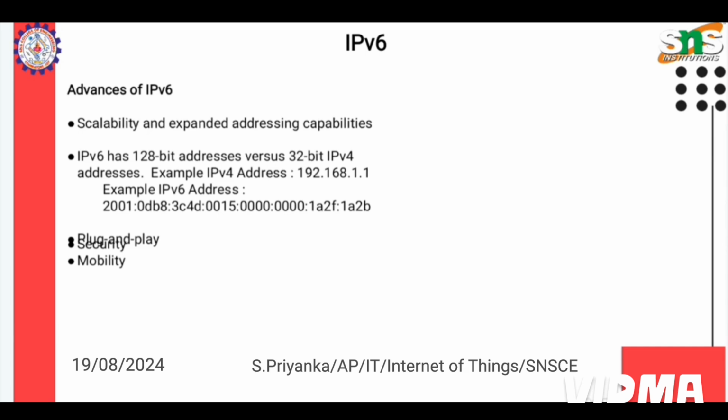This is an example of an IPv4 address, whereas the example of IPv6 is like this. It can be written in the form like this. It is 128-bit. The advantages of IPv6 are that it mainly offers plug and play, it is secure, and it is used for mobility.